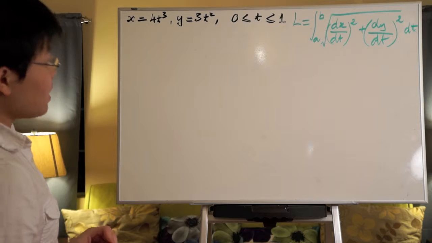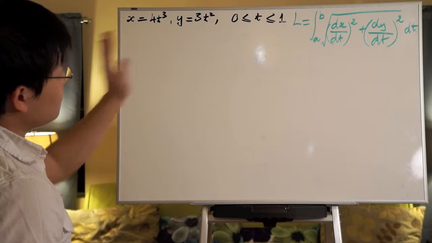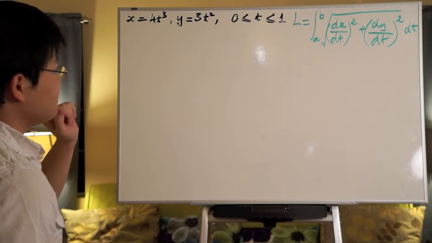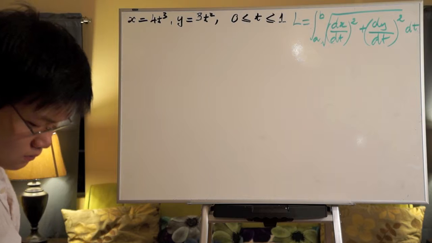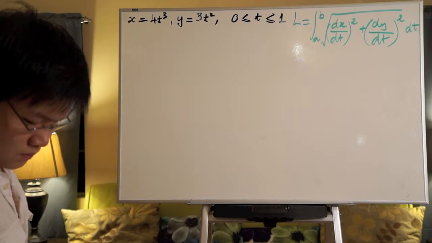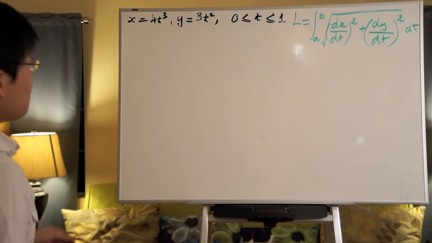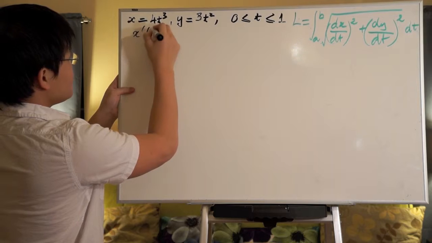Alright, so now we have this equation. Well, what are we going to do, right? So this equation applies. Okay, so now let's start with taking the derivative of each function.